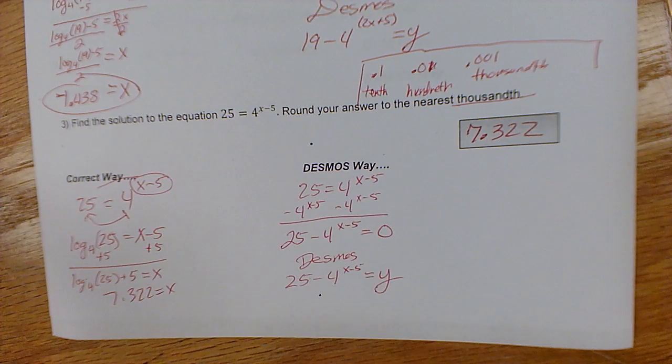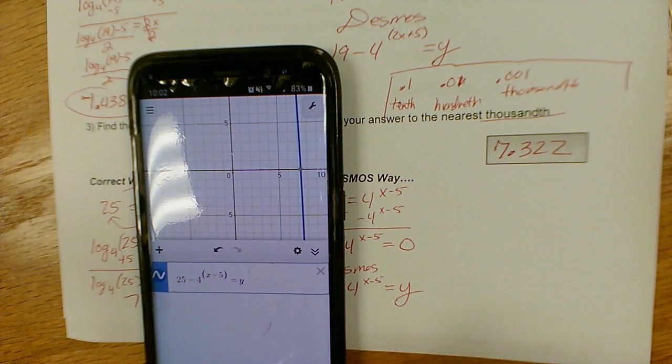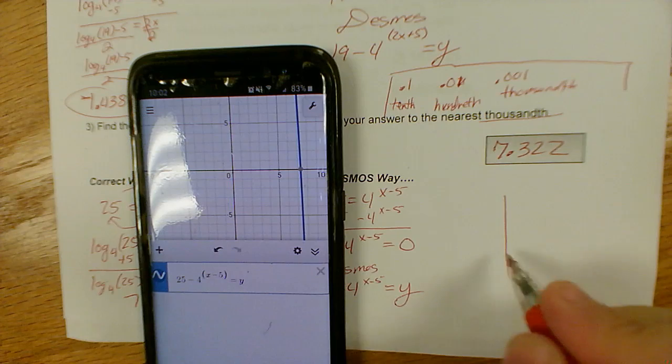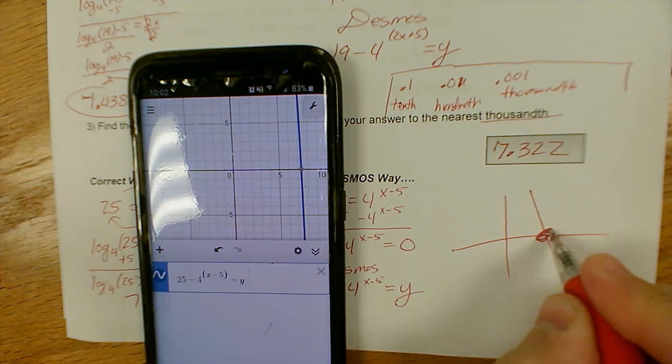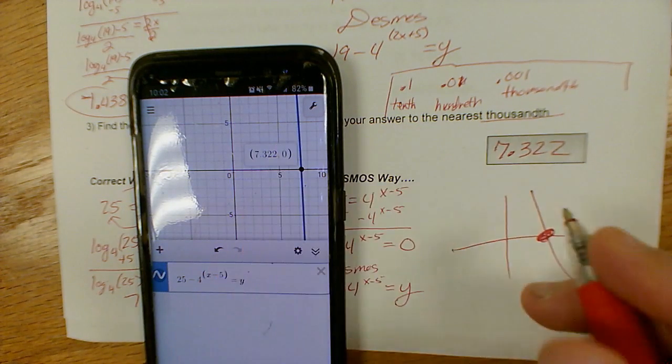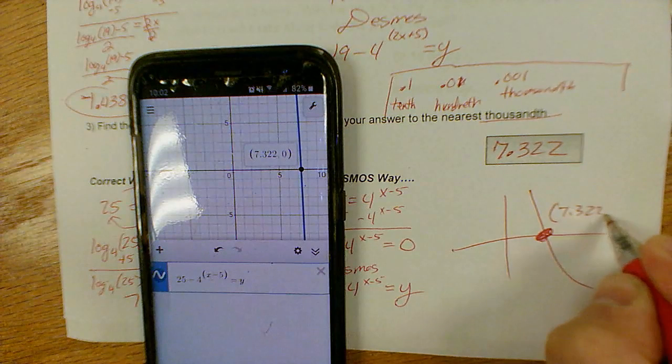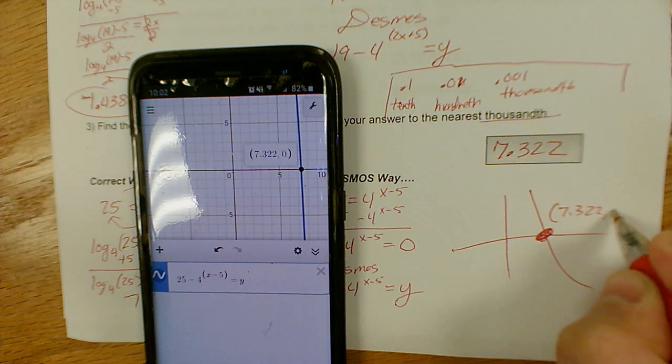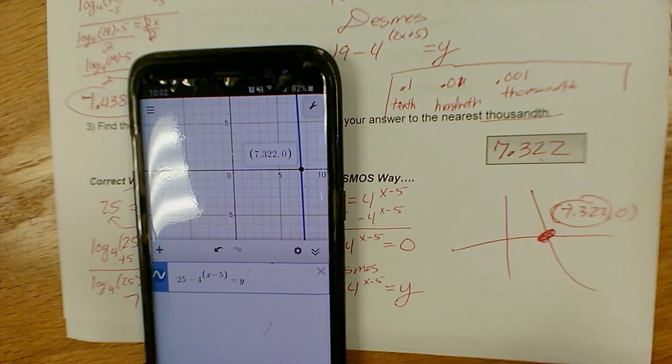And let's type it in. So there it is, typed in Desmos. So we got our fun looking graph. Crosses here, and the place where it crosses, and Desmos seems to naturally like to go to 3 decimal places. It's 7.322 comma 0. So that is the answer we get.